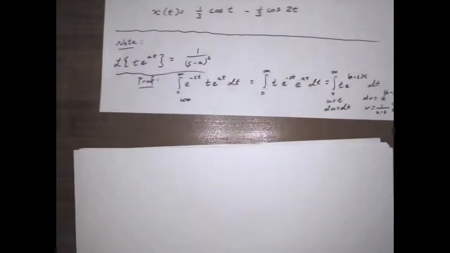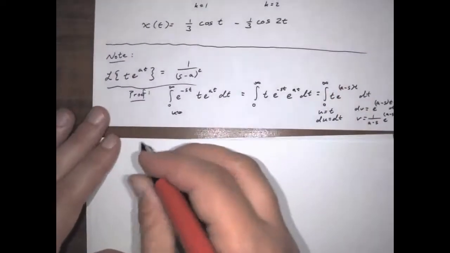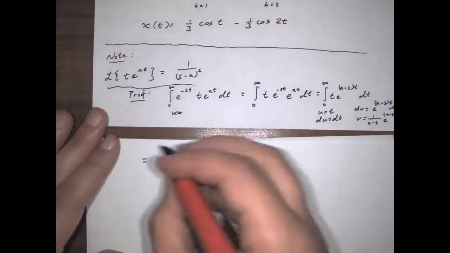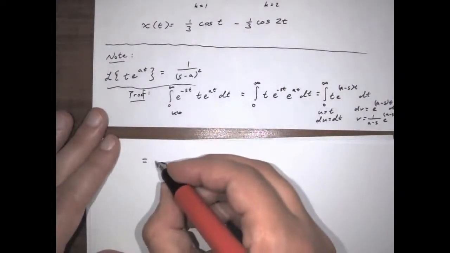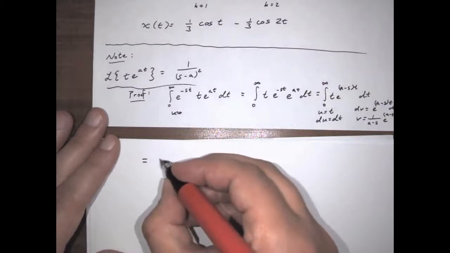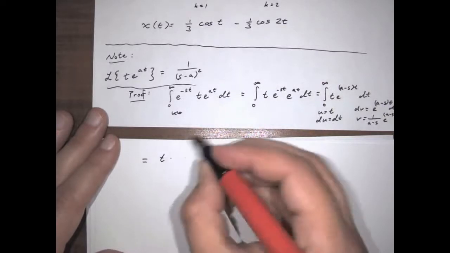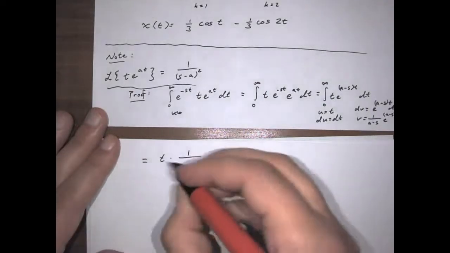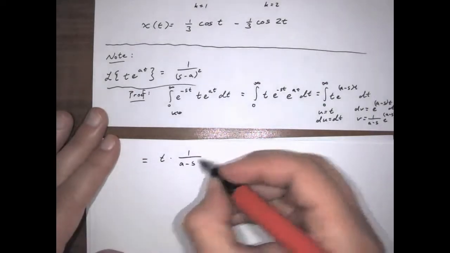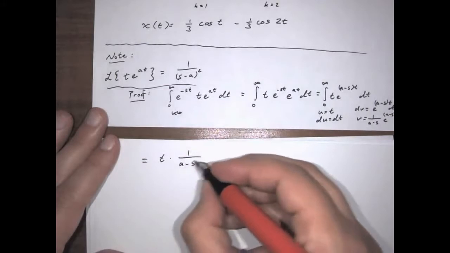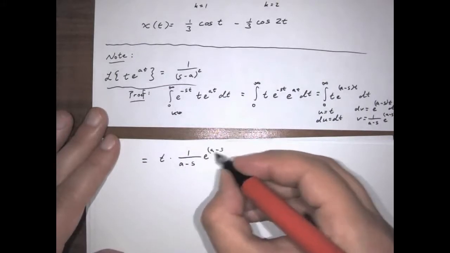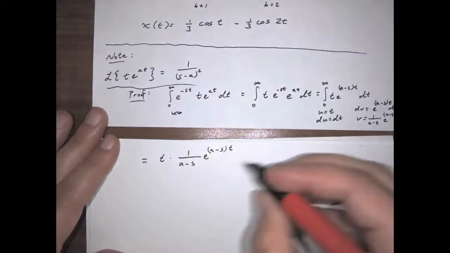And so then when I keep on evaluating the integral here, the integral then will be u times v, which is going to be t times 1 over a minus s times e to the a minus s t.